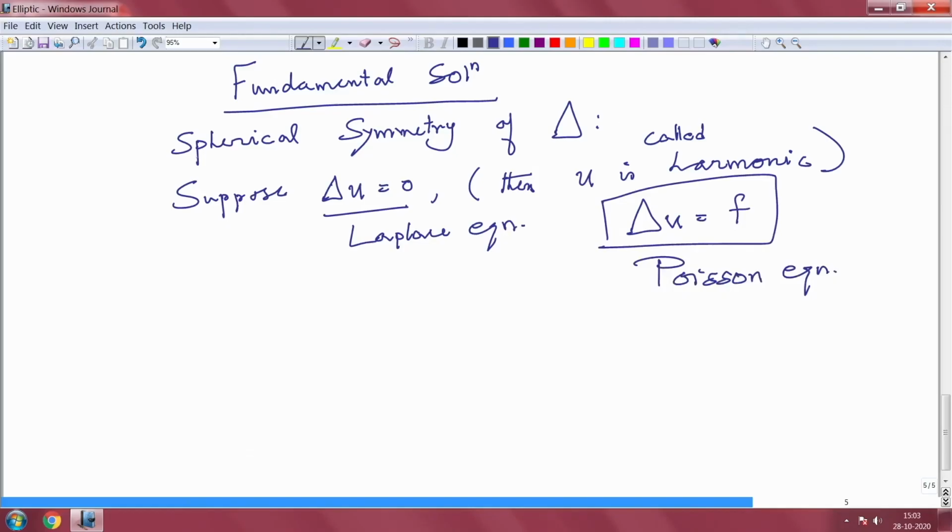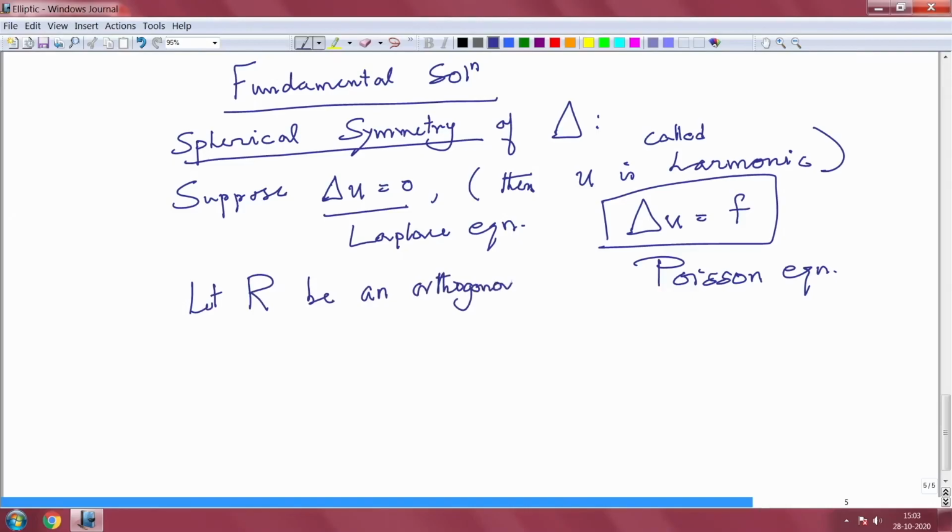So, what is this spherical symmetry? Suppose U is a harmonic function, that is Laplacian of U equal to 0, and let R be an orthogonal matrix, that is a rotation.